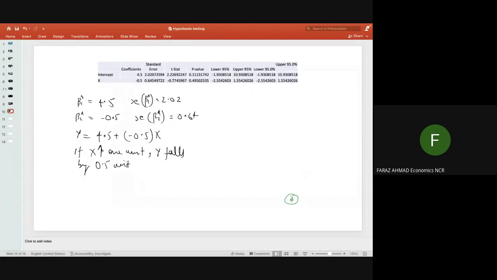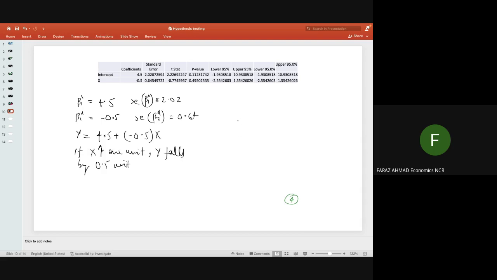So how big your beta 1 hat and beta 2 hat would be depends on what scale the numbers are. They may be in thousands and thousands. Sometimes you're talking about GDP as your y variable, so it's in millions and billions. So there is a need to adjust this beta 1 hat and beta 2 hat onto a normalized scale, and that's what we do when we adjust it onto the t scale.